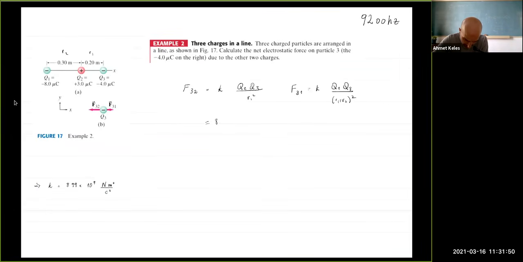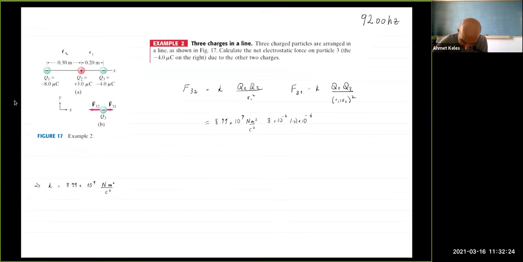So K is 8.99 times 10 to the 9 Newton meters squared over Coulomb squared. And Q2 is what? 3 times 10 to the minus 6. Q3 is minus 4 times 10 to the minus 6.